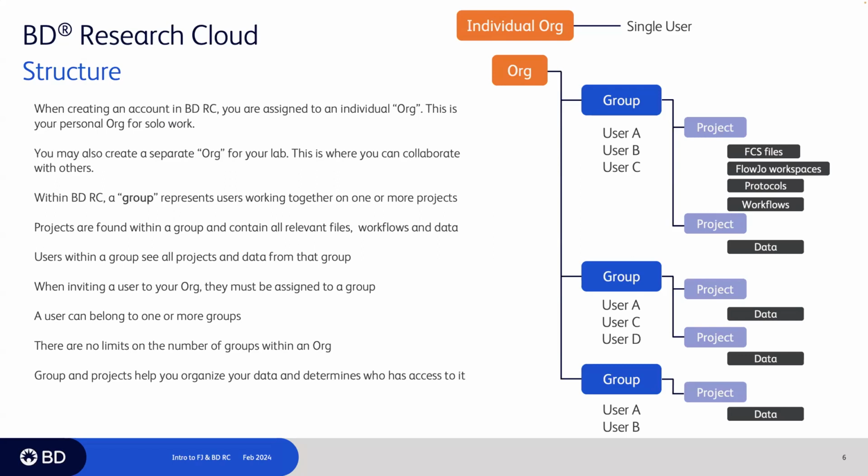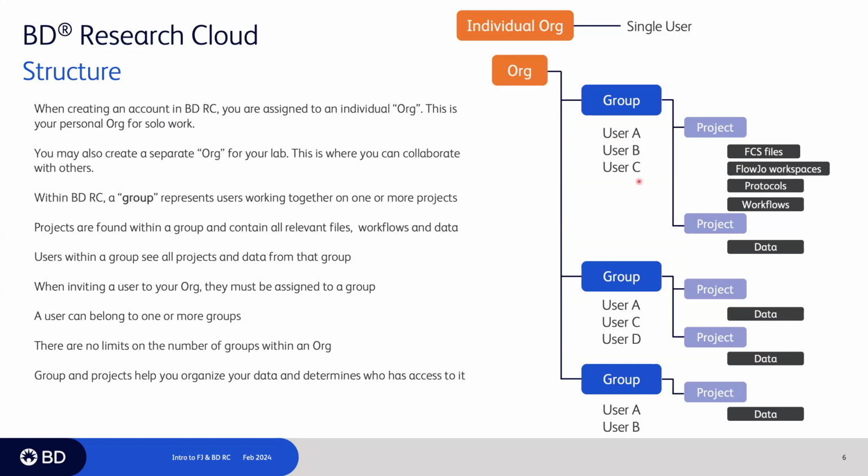And so over on the right, we see how everything's organized in BDRC. Once you have an org, you can create groups within your particular org. And these represent users working together on one or more projects, okay?